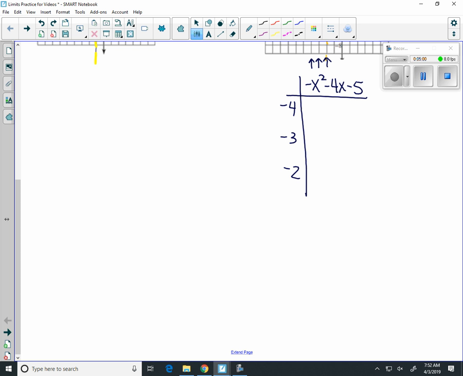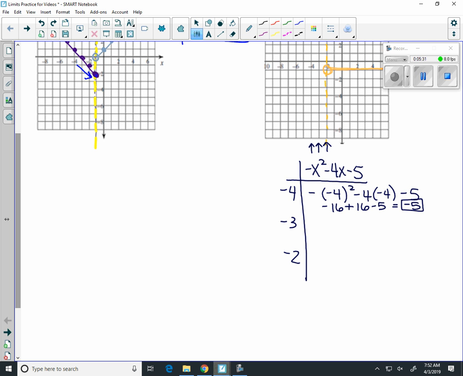Sometimes there's a lot of it. Squaring the negative 4 gives positive 16, which is going to become negative 16. Negative 4 times negative 4 is positive 16. And then minus 5, that's all going to give us negative 5. That's lovely. So this ordered pair is negative 4, negative 5. Let me go ahead and put that on my graph.